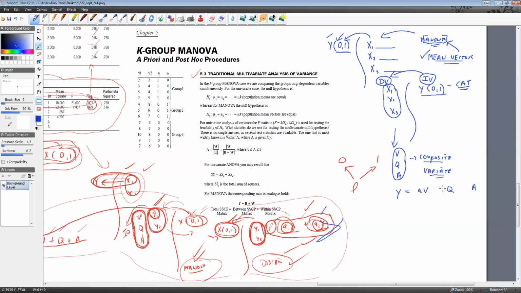So I'm going to need a weight here, a weight here, and a weight here. These weights we generally just call by the name of scalars. So I'm going to have a1 times V plus a2 times Q plus a3 times A. That's going to produce the linear combination of V plus Q plus A.